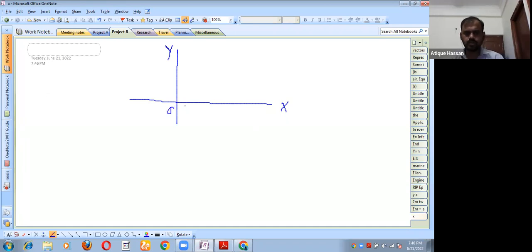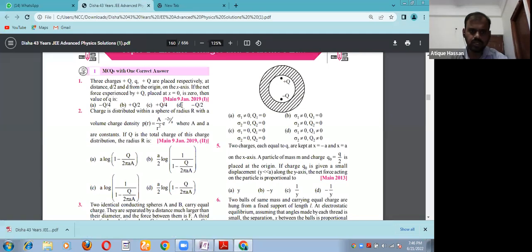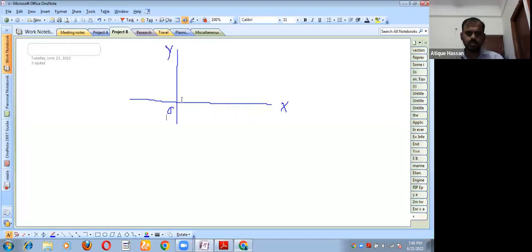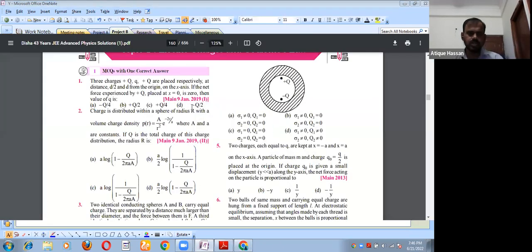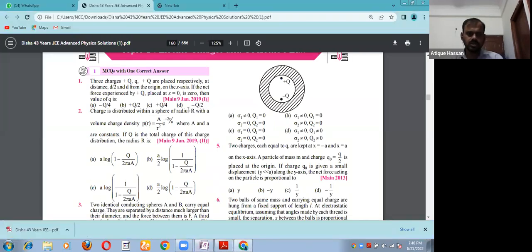According to the question, three charges. One of the charges is placed at the origin. So suppose there is a charge plus q placed at the origin, and the other two charges are at d by 2 and d.